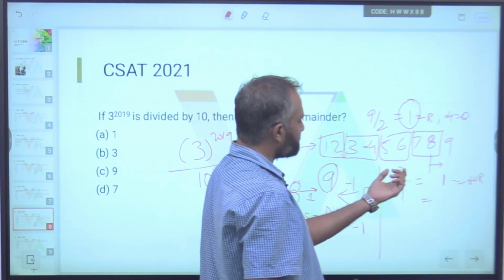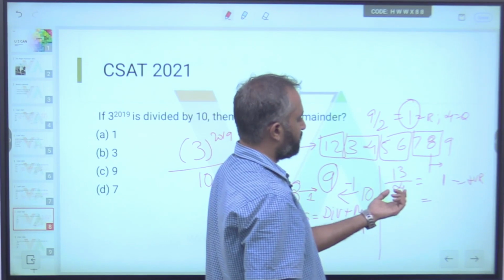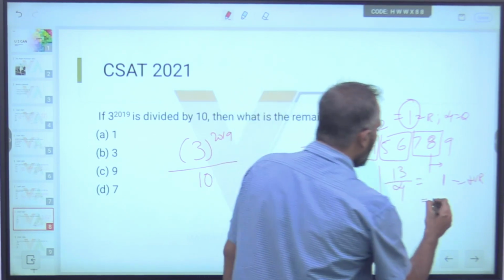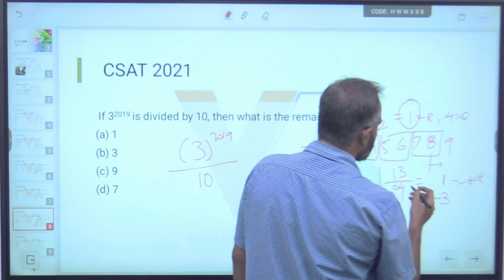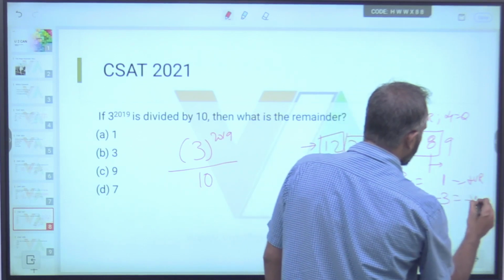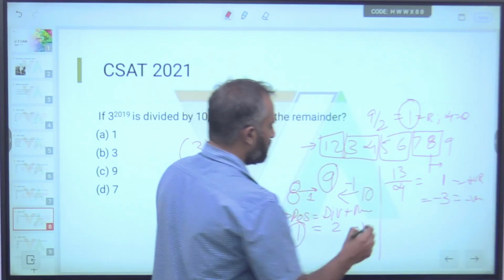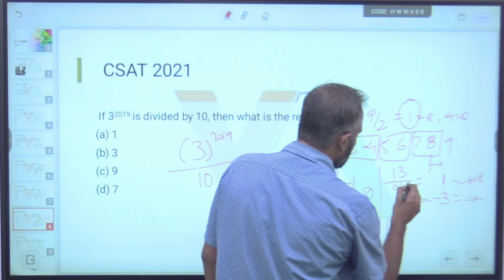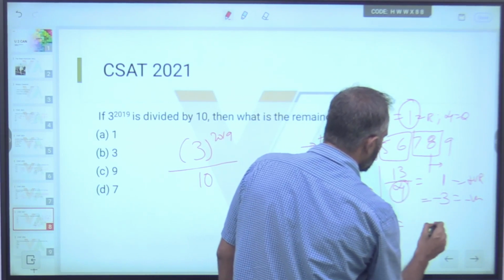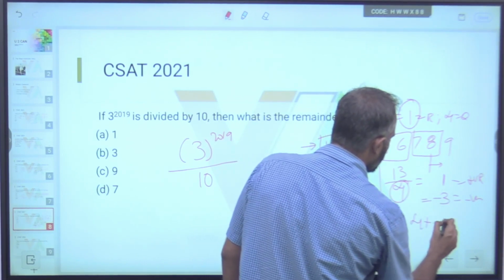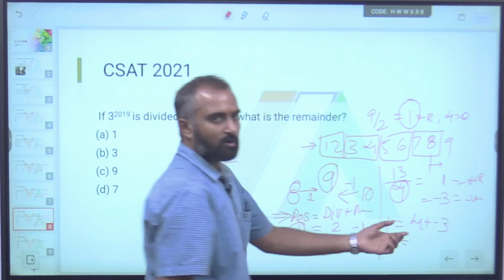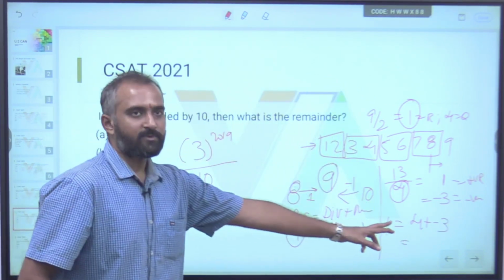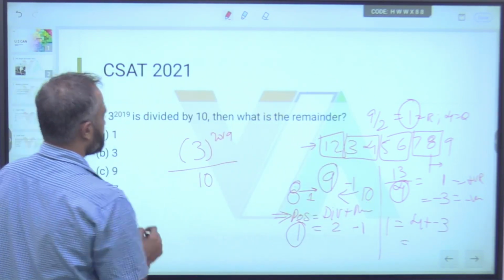See the nearest multiple greater than this. 4 4s are 16. So, 16 minus 13, minus 3. This is the negative remainder. As I told you before, positive remainder is equal to divisor plus negative remainder, 4 plus minus 3. Okay, got this? If you know the concept of negative remainder, see how easy it becomes.